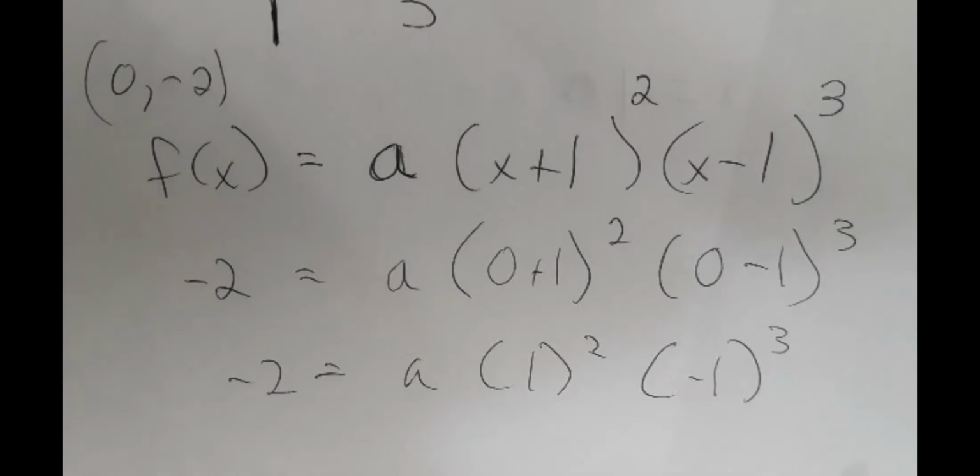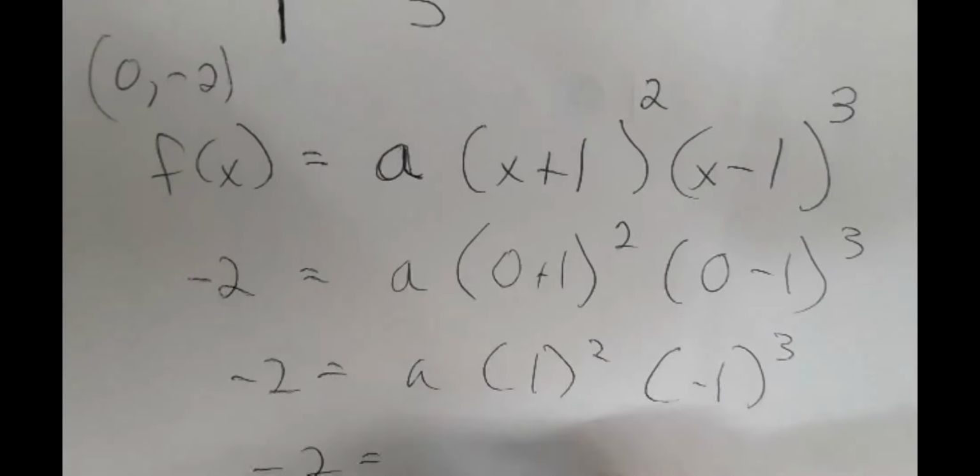Okay, so I do a 1 squared, I do a minus 1 to the cube. Overall, what is the sign on this side going to be is what I'm asking.